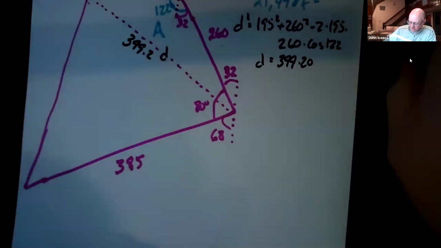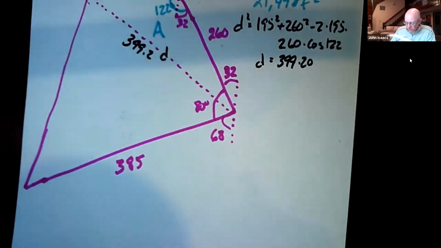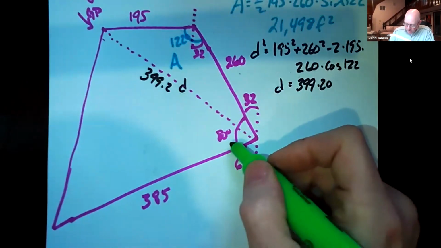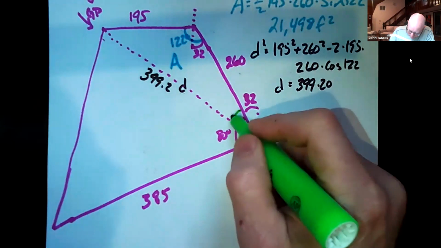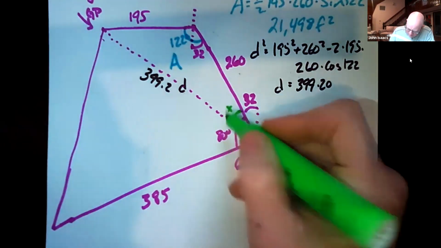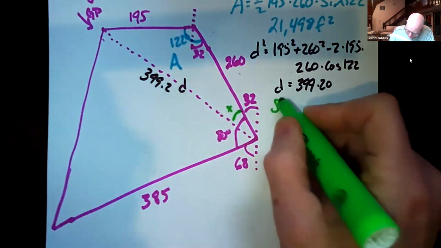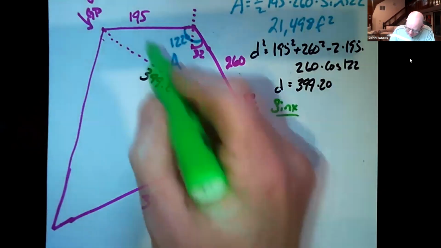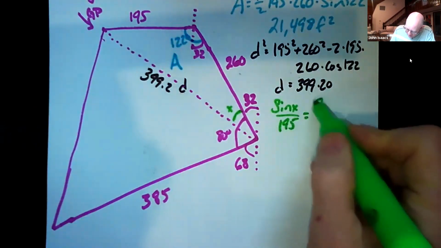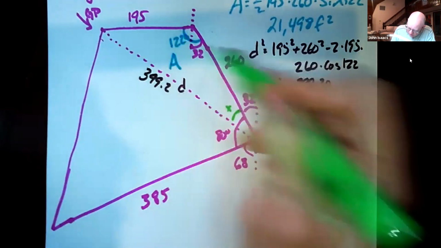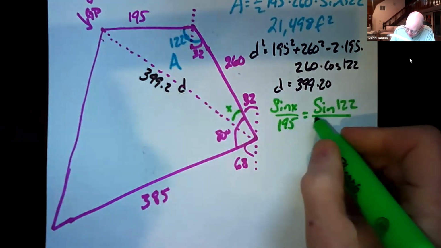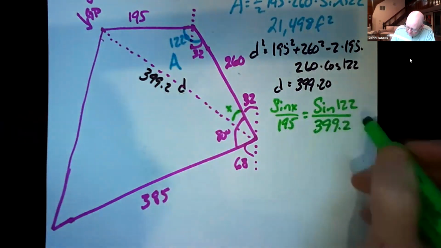Now, we also need this angle. Now, in order to get this angle, we're going to first get this angle. And that, I think we can use law of sines for. Let's call that x. So sine of x is opposite 195, and sine of this 122 is opposite the side that we just calculated, 399.2.